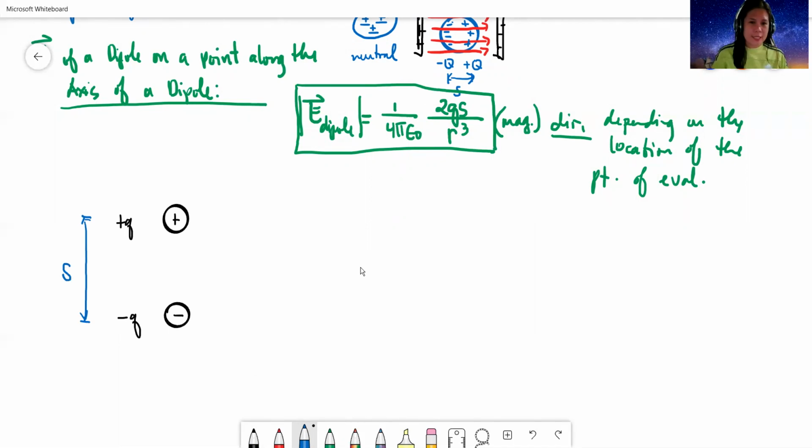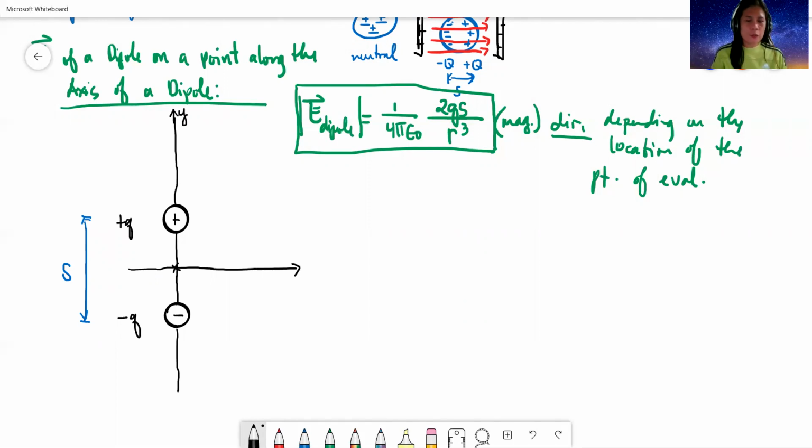Okay. And then let's put this dipole along the y-axis, with the center at the x. Okay, but I don't want x muna, si y-axis lang muna tayo.